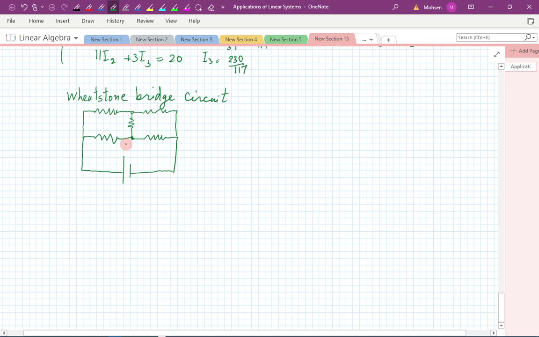So some currents are specified, some resistances and voltages are specified. So for example, in your textbook, this is 10 volts, this is 1 ohm, this is 2, this is 2, this is 1, and this one designated as being 2 ohms.